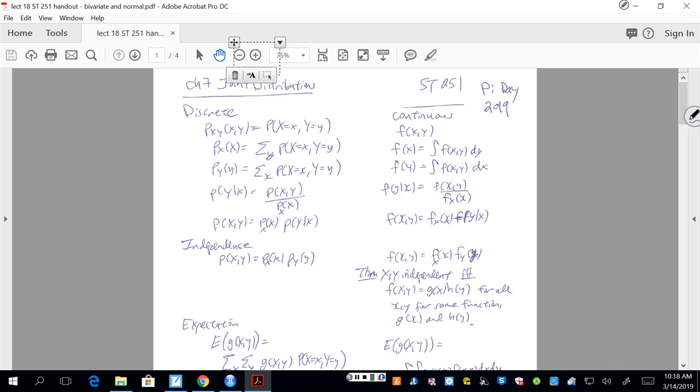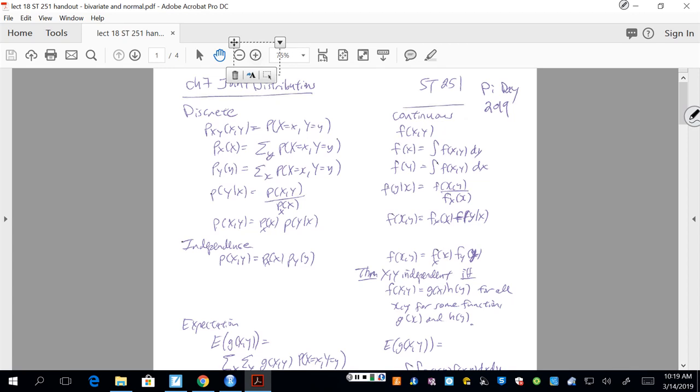And there's a theorem we had, a way to quickly check if variables are independent of one another. For the discrete ones, you really have to look at all values of x and all values of y to see if it works. If the joint probability came from some formula, we could apply this factorization theorem as well.